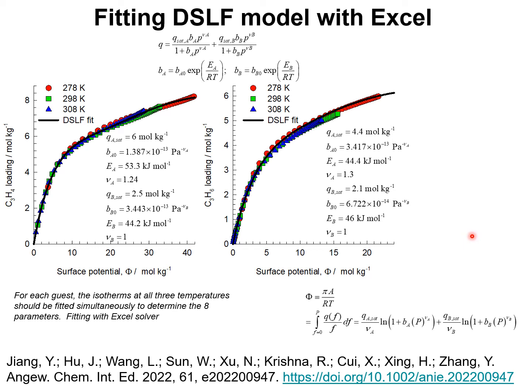So fitting the isotherm data with Excel ensures that we get physically realistic fit parameter values that allows safer extrapolation to lower pressures than measured experimentally in the isotherms. Such extrapolation is important for C3H4, C3H6 separations because the feed mixture may contain only 1000 ppm of propyne, and we need to reduce the propyne content to less than 40 ppm.